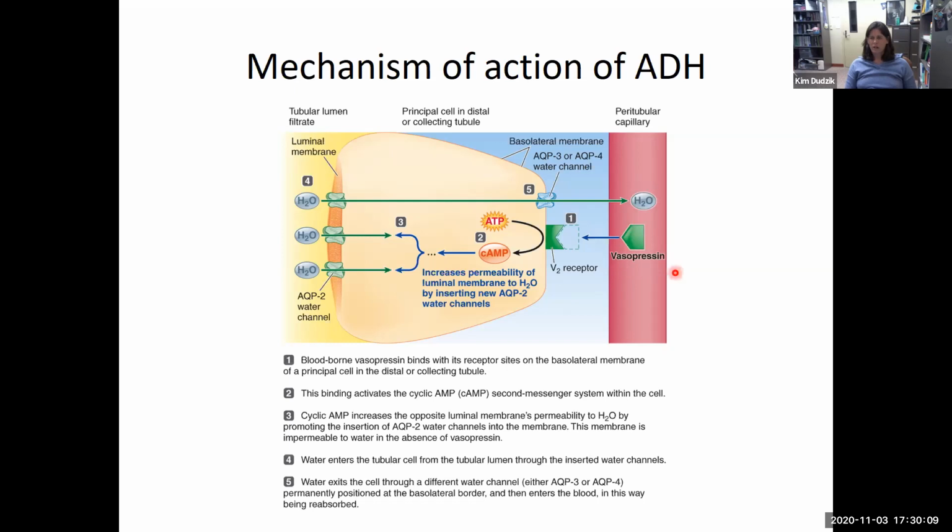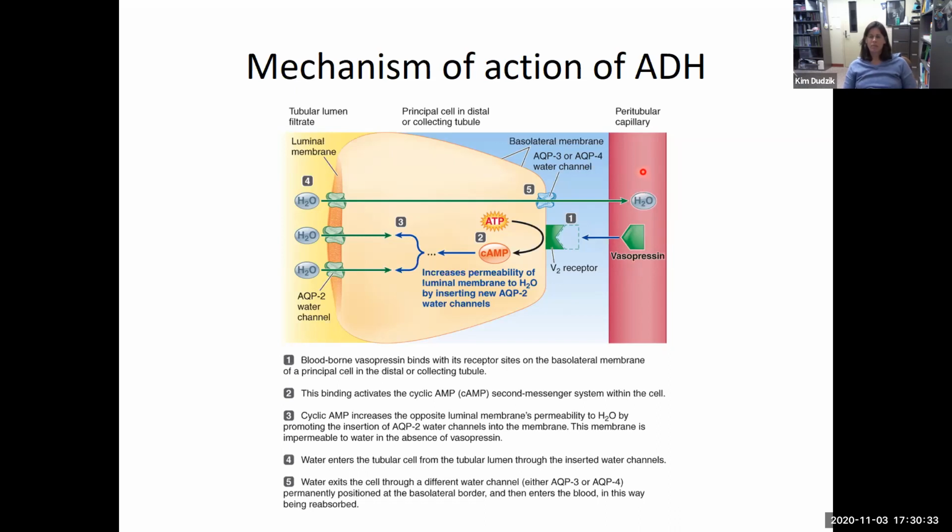It's also called vasopressin. Same thing, vasopressin, antidiuretic hormone. It has other functions in other areas of the body. It can affect blood pressure, but in the kidney, we call it antidiuretic hormone because a diuretic makes you urinate more water leaves. Antidiuretic means you're going to reabsorb the water and not lose it through the urine.